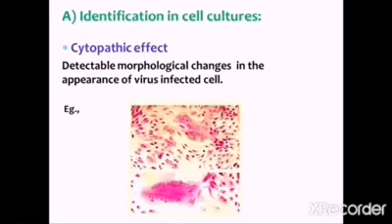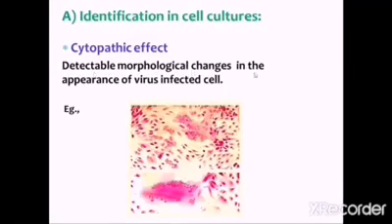There are various methods to identify viral growth in cell culture. The first one is to observe cytopathic effect, which is defined as detectable morphological changes, such as change in size, shape, and fusion of cells to form multinucleated giant cells.